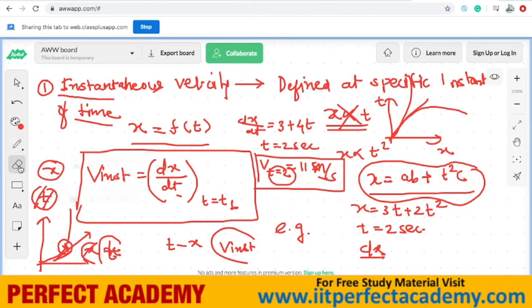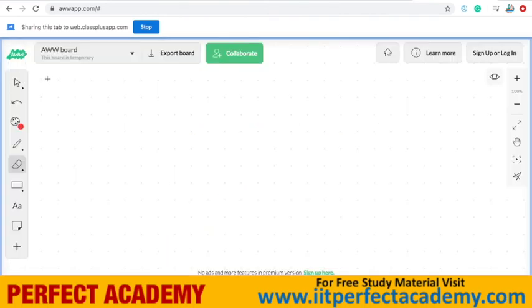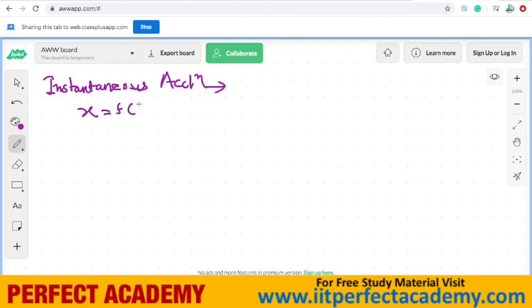Okay, fine. The next term we have to learn is instantaneous acceleration. Now what is instantaneous acceleration? Suppose x is given as a function of time, I can find the instantaneous velocity as dx by dt.